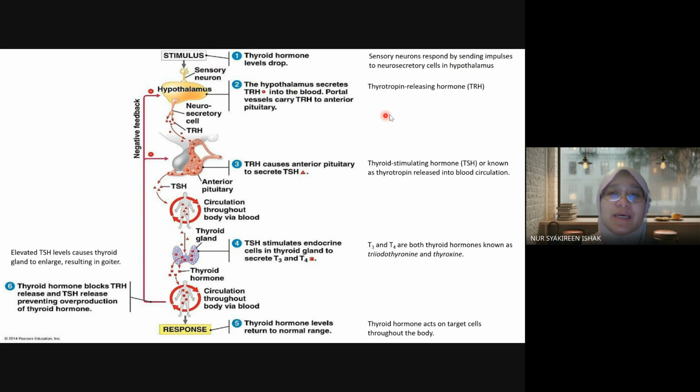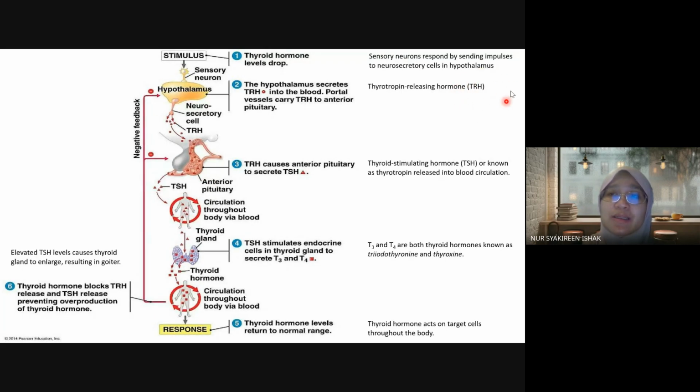It secretes the hormone into the blood, and then it travels in your blood circulation until it reaches the anterior pituitary. So anterior pituitary responds to the hormone of the hypothalamus, which is TRH, and causes the anterior pituitary to release TSH.